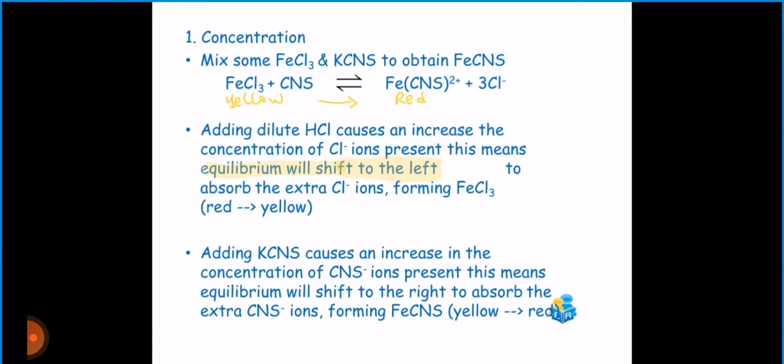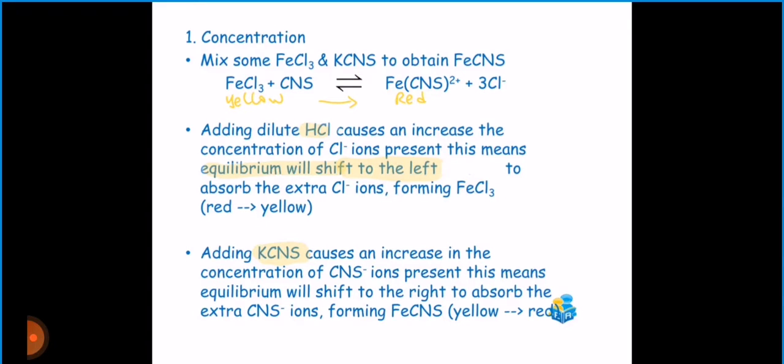On the contrary, if we added some dilute potassium thiocyanate, adding the potassium thiocyanate would increase the concentration of the thiocyanate ion on the left-hand side of the equation. To counteract that increase in concentration, they're going to want to get those thiocyanate ions to react. So it's going to push the forward reaction.